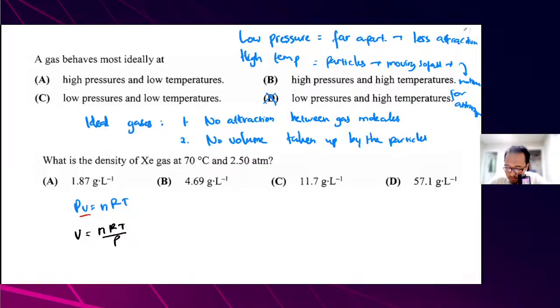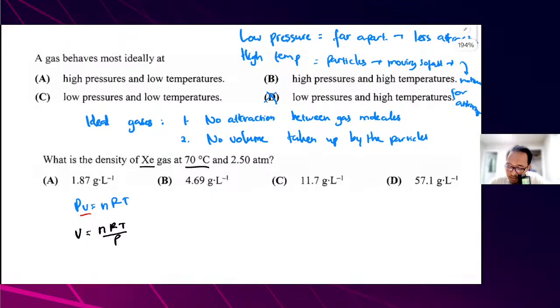The issue here is we don't have any information for the moles. We just have information for the element itself, and then the temperature and the pressure.